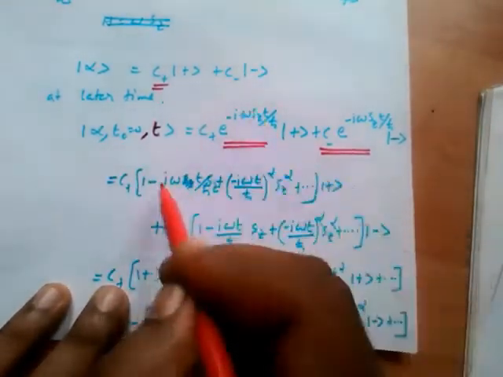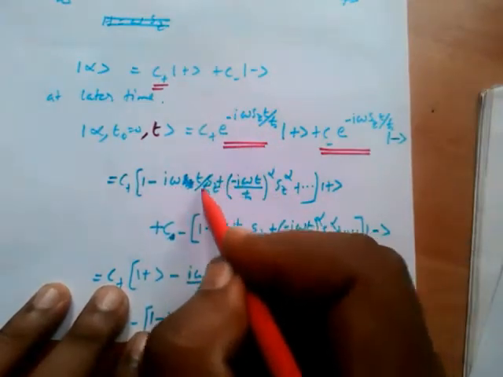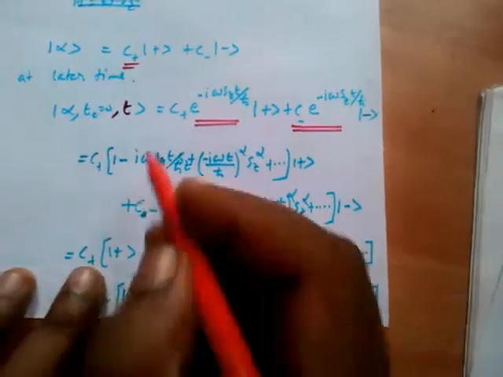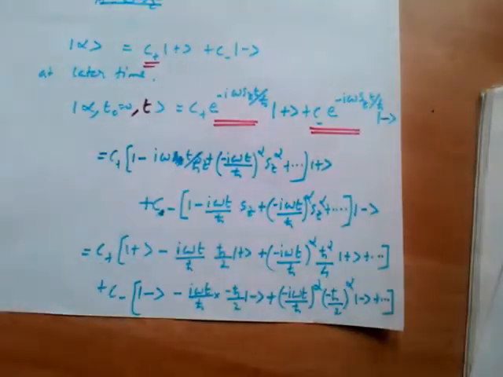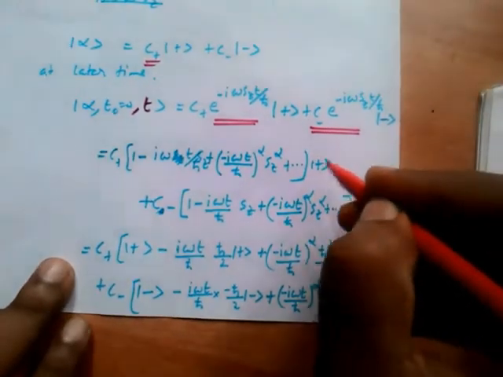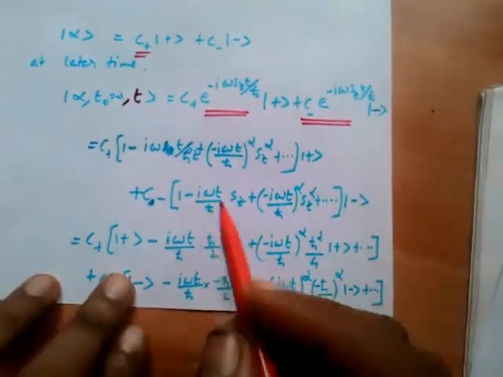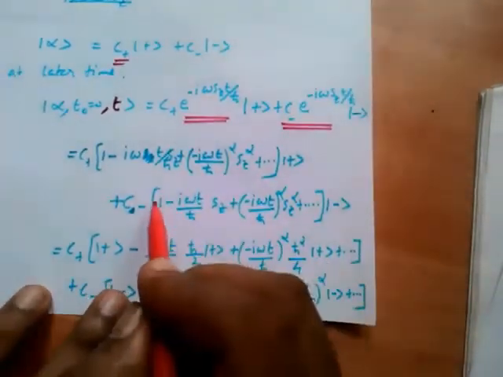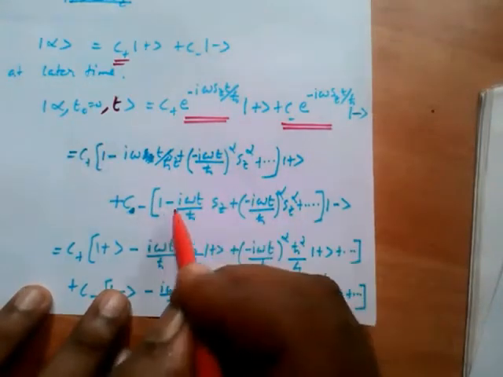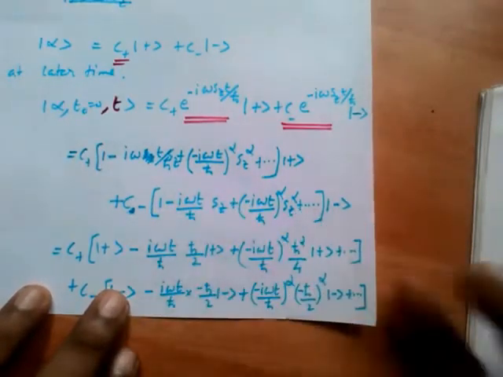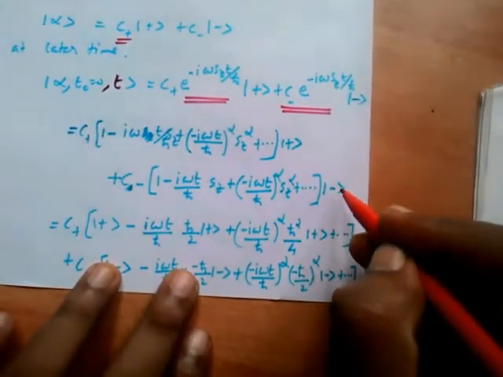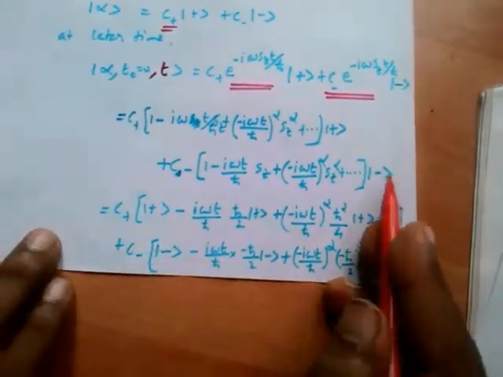This we can expand as 1 minus i ω t over ħ S_z plus so on, like e raised to x we are expanding, operating on the plus state, plus c minus, and we expand again, 1 minus x plus x squared, operating on the minus state.